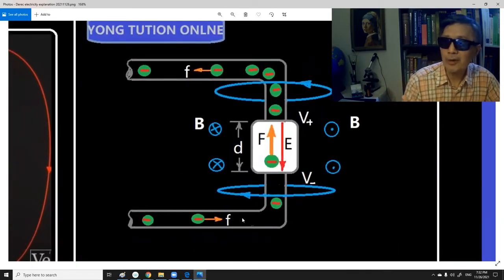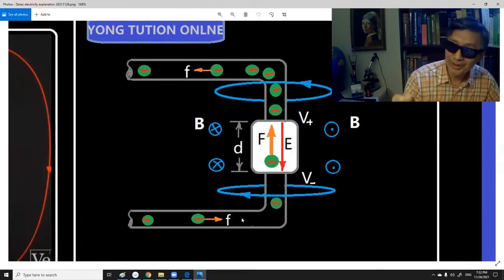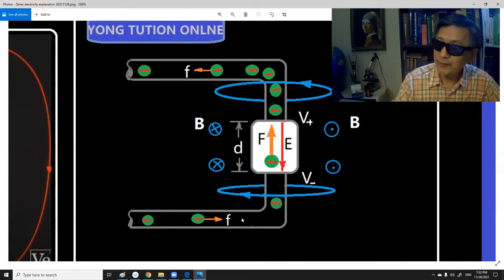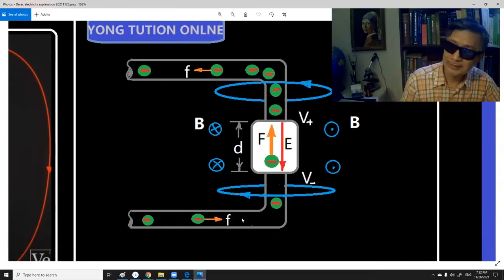Of course, this phenomenon can also be interpreted as diffusion. See, simply because the density is more crowded, they want to get equal distance. So that is the formation of current in the conductor wire. That's my point.